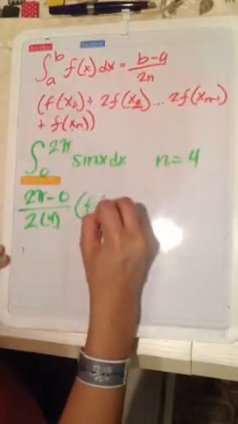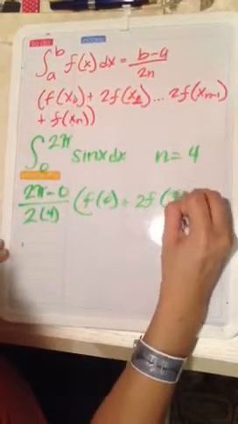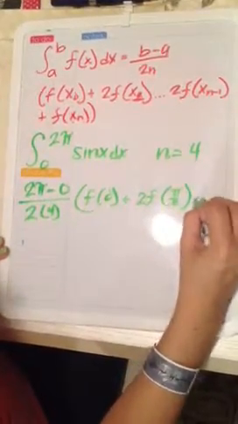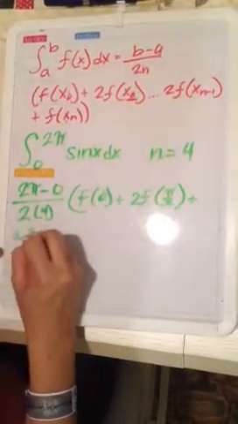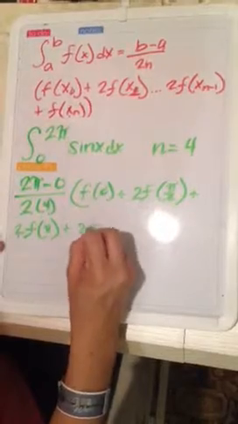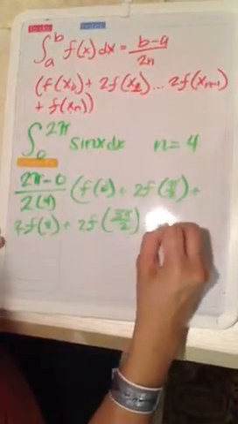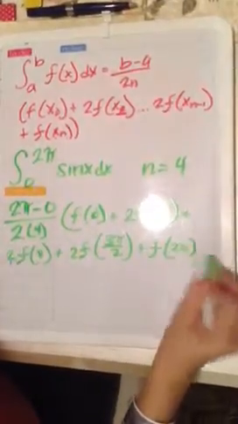Now f of 0 plus 2f of pi over 2 plus 2f of pi plus 2f of 3 pi over 2 plus f of 2 pi.